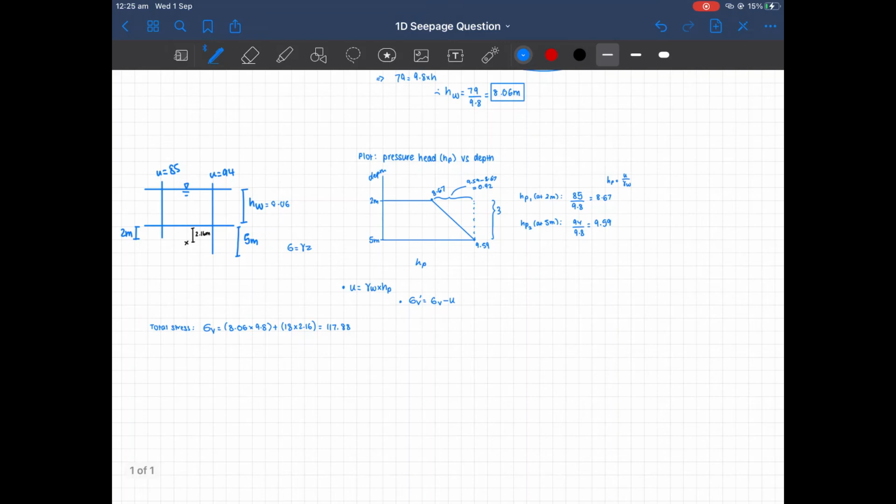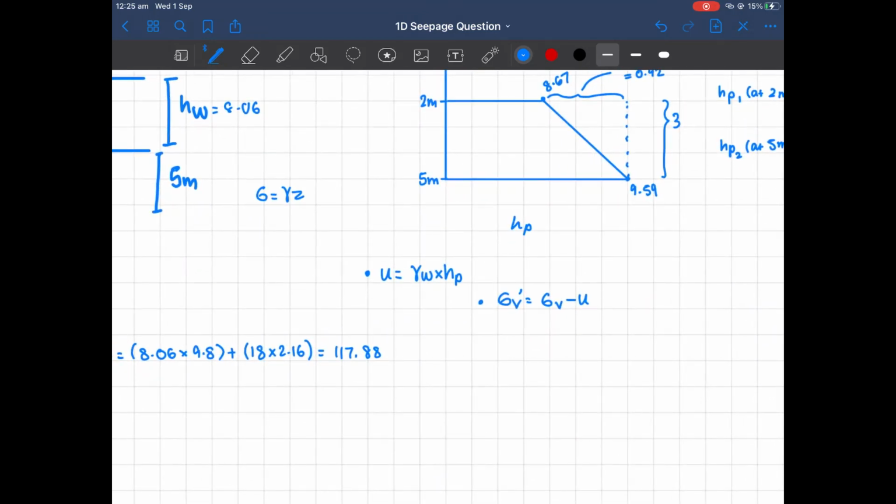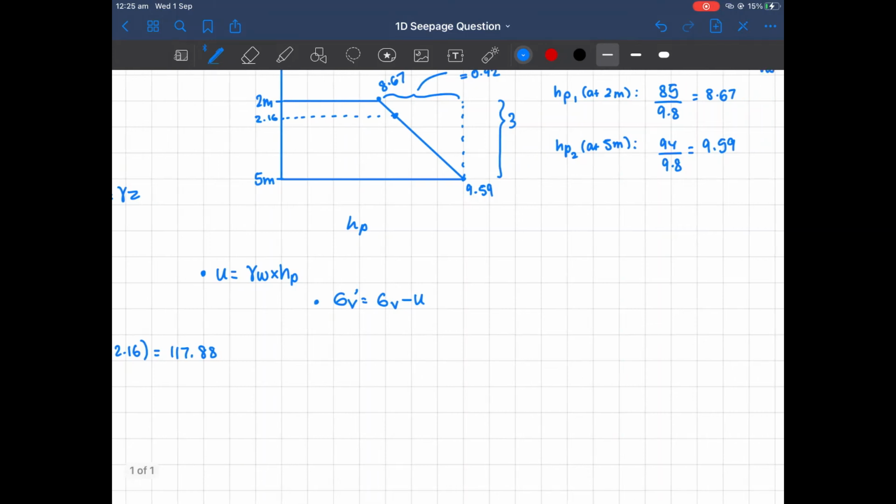So let's just say, again, this is not to scale, but let's just say 2.16 is around here. We need to find the HP here. Now, we can use similar triangles. As you can see, we're developing a similar triangles situation here.